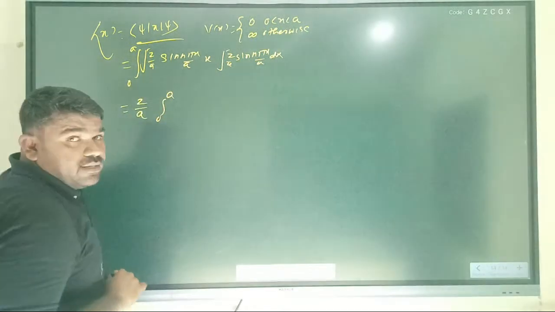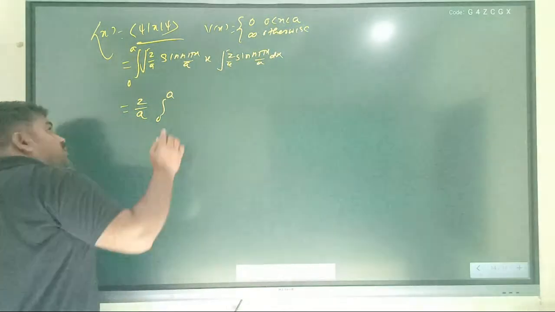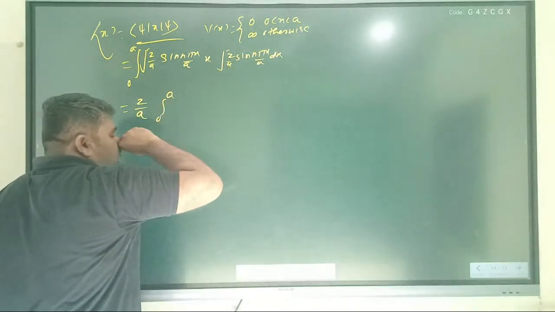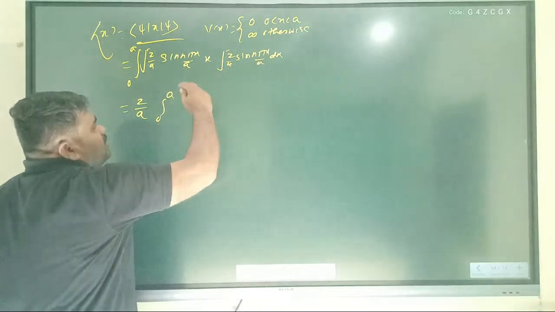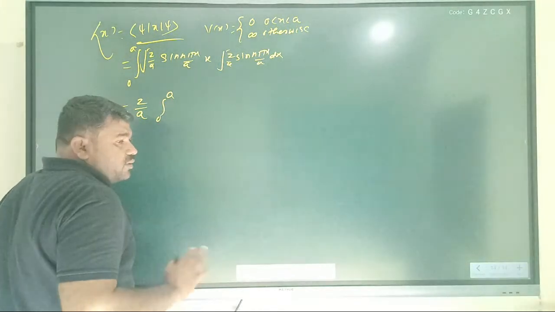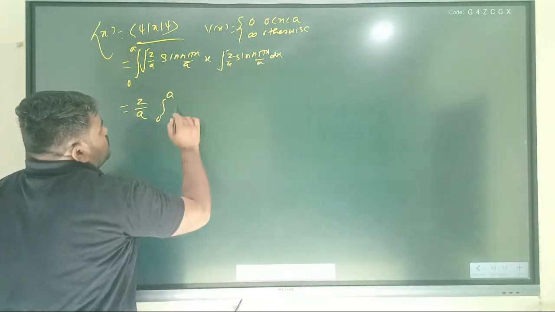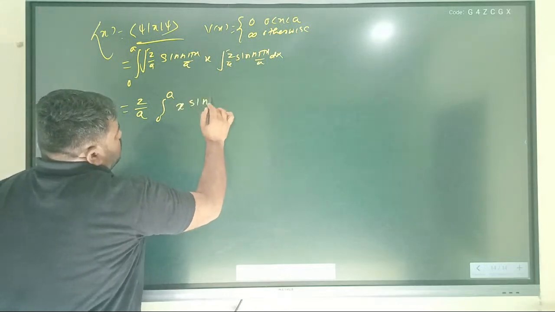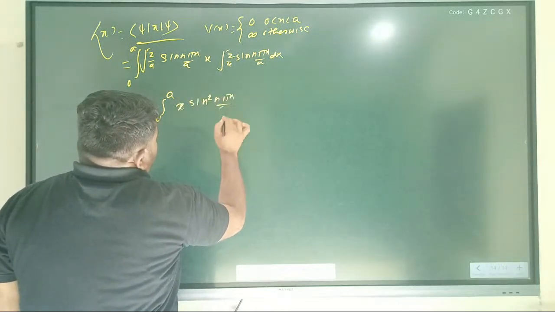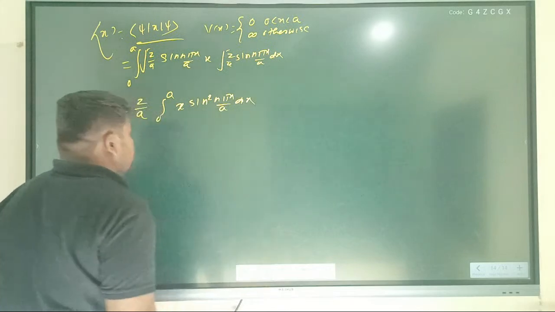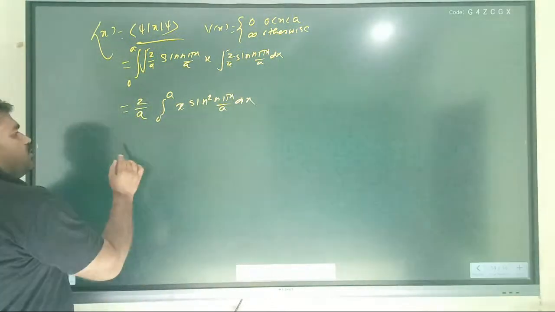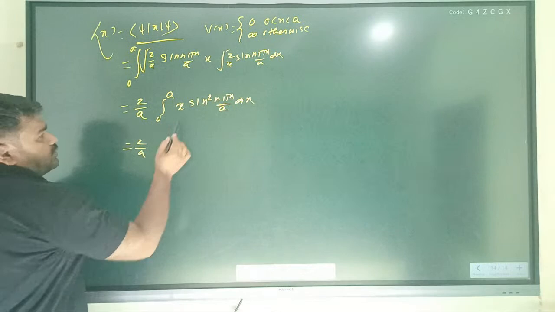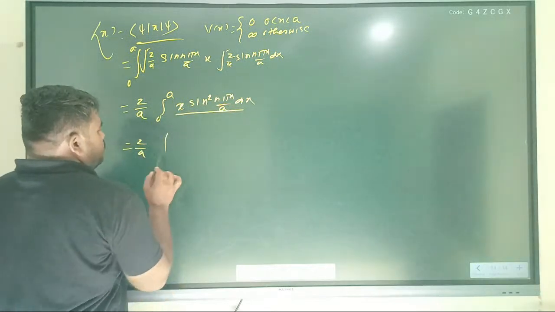Okay, sin into sin square, but this is real, means multiplication, no problem. Here there is no derivative part, so order will not matter. So sin into sin becomes sin square n pi x upon a into dx. Clear?